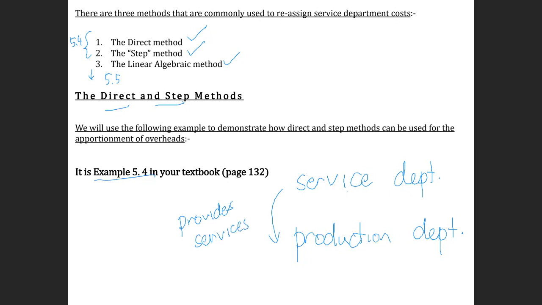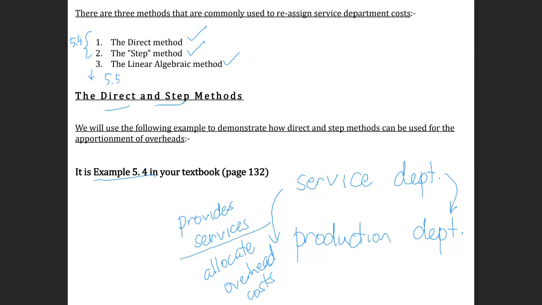So because it's not free of charge, it gets allocated. So you will allocate overhead costs from the service department to the production department. So the service department overhead costs are now being allocated to the production department.